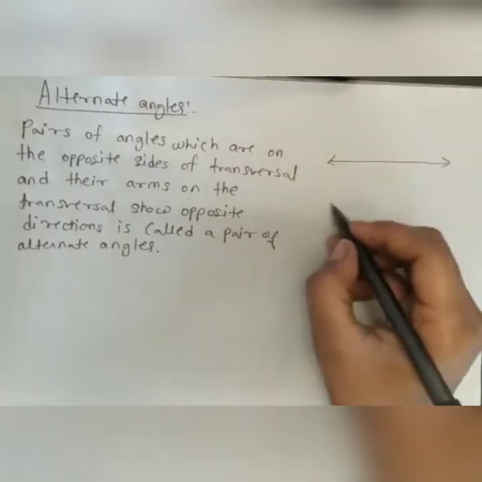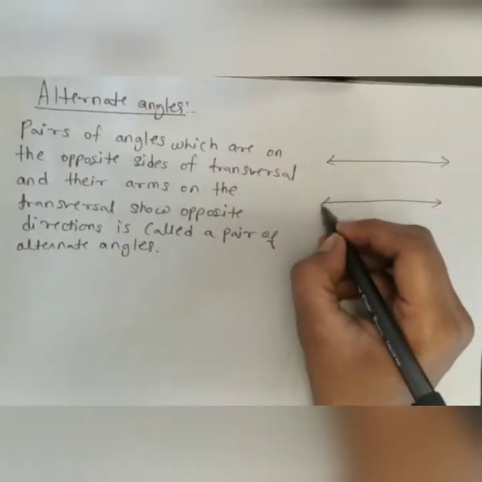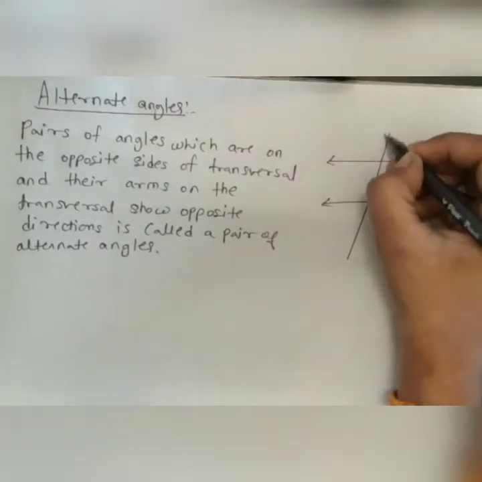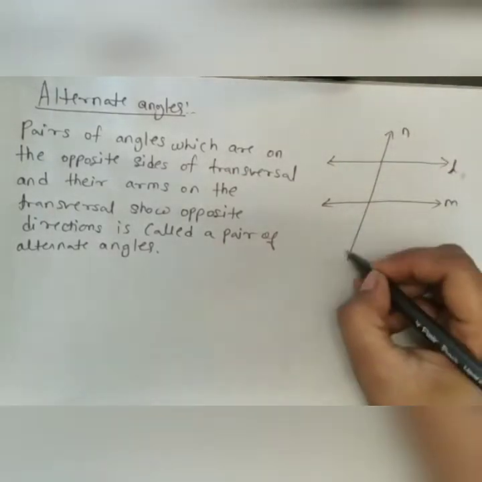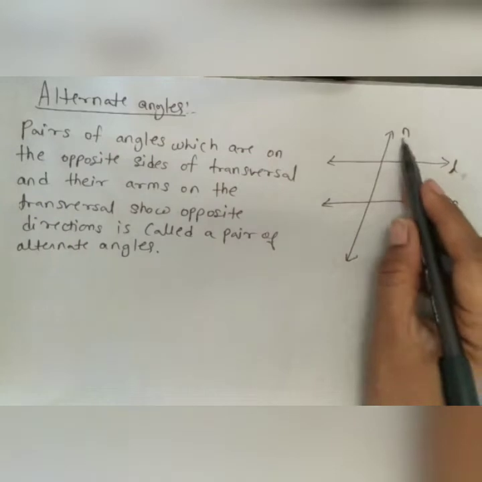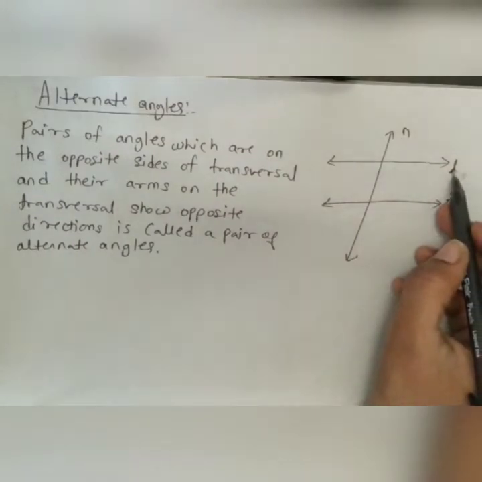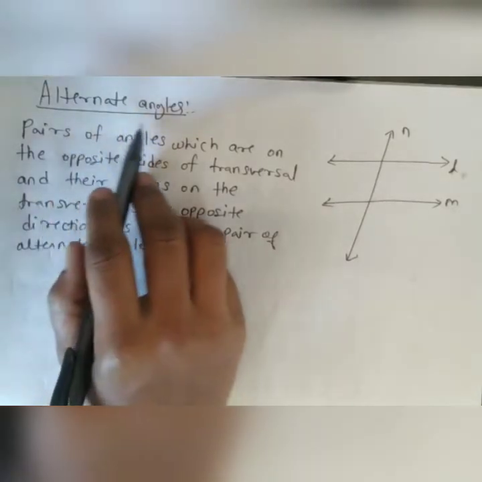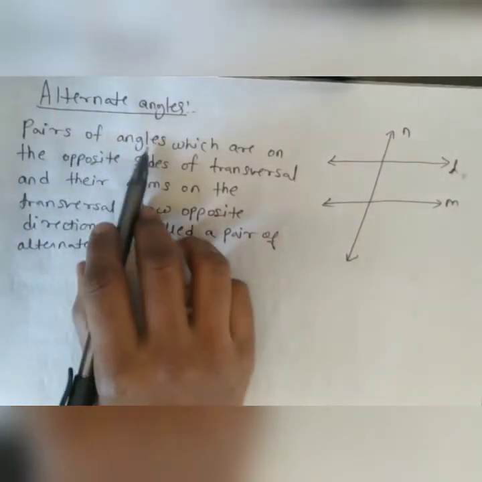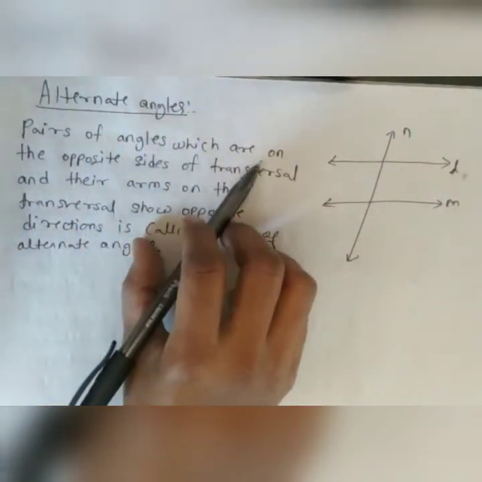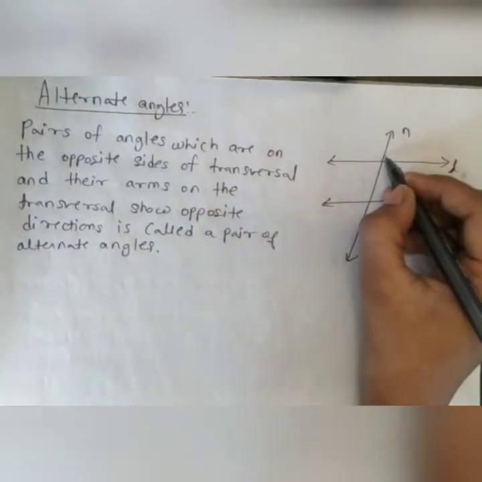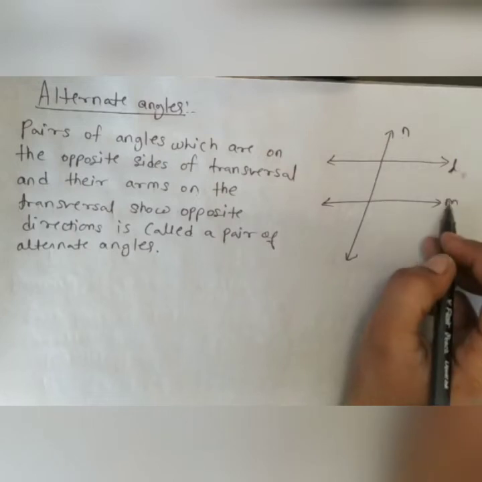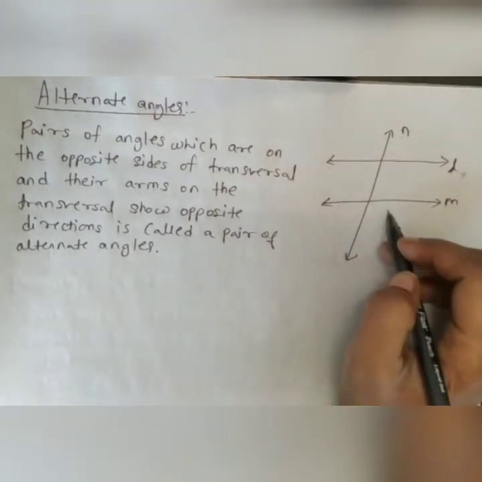For this, we have two parallel lines. Suppose this is L and M, and there is a transversal line, line N, the transversal of the parallel lines L and M. Alternate angles says that pairs of angles, we already know there are total 8 angles formed by 2 parallel lines and 1 transversal.